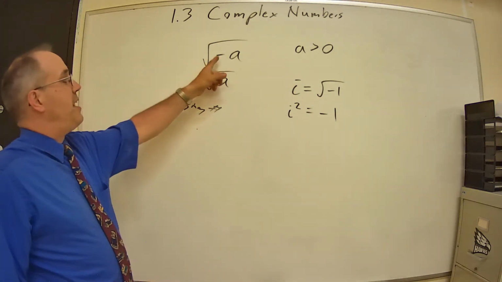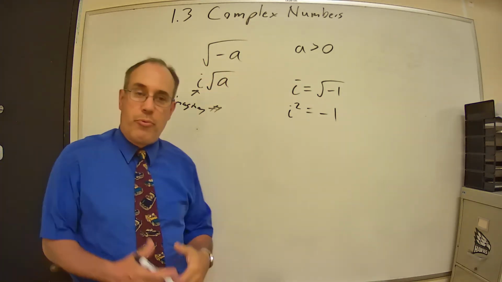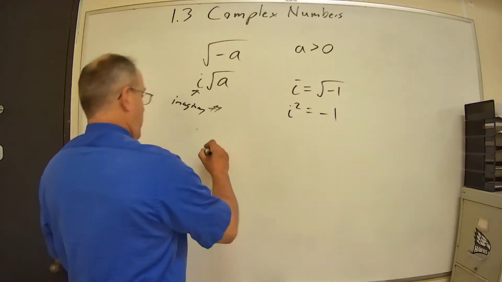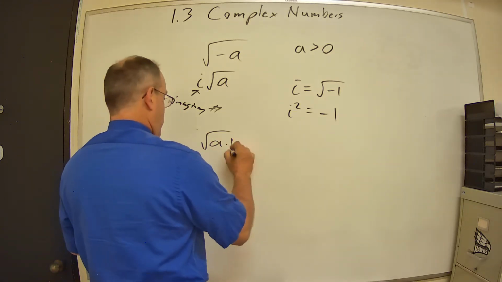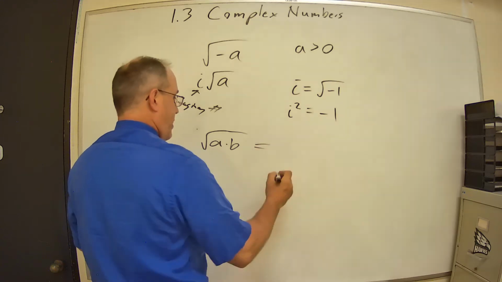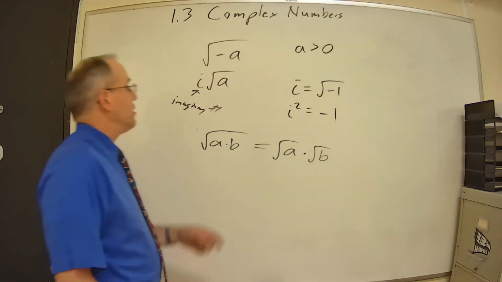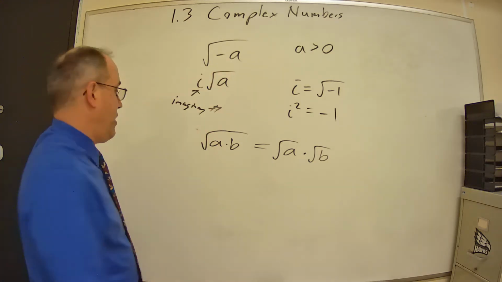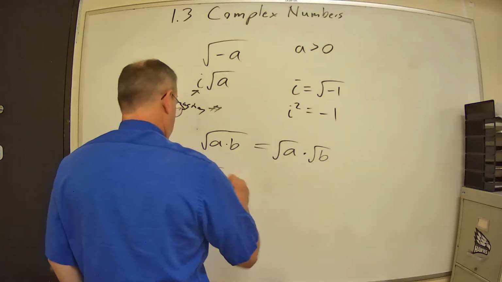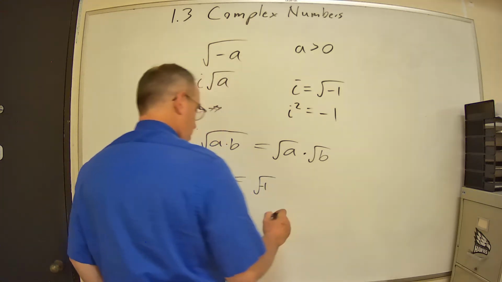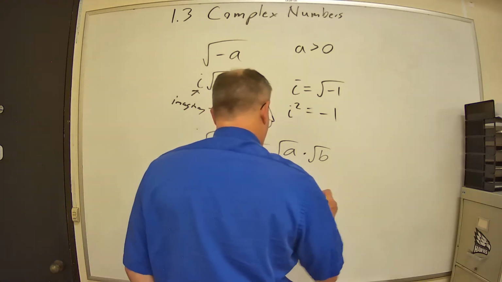If I take this negative a, I can break up that radical into two pieces. Remember, when you have radical a times b, you can break that up into radical a times radical b. So if I have radical negative a, I can break that up into radical negative 1 times radical a.